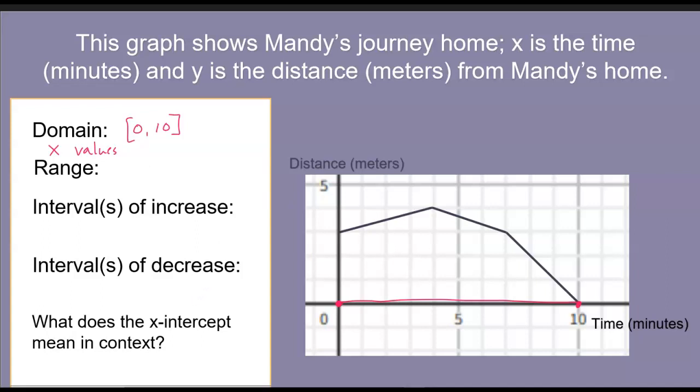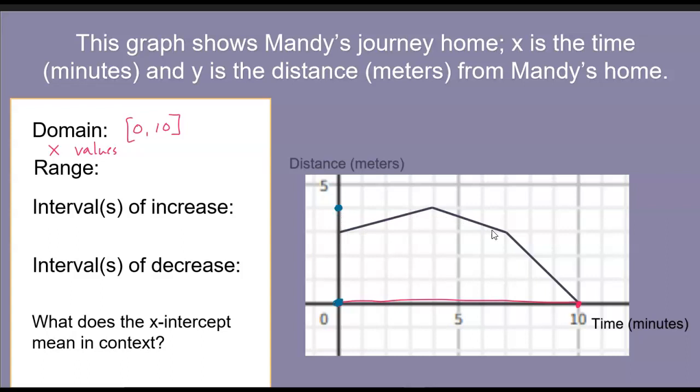Now how about the valid y values? Where are valid y values on this graph? Well, it looks like the bottom value is right here, so the bottom value is 0. And our top value, let's see, we go up to here, but it keeps going up. This is our top value of the whole graph.